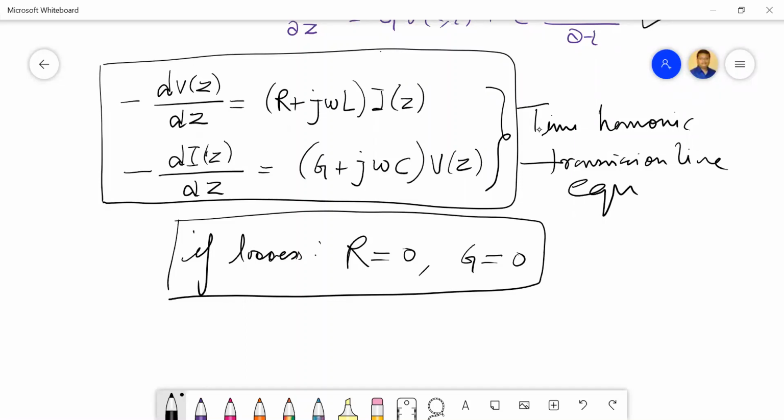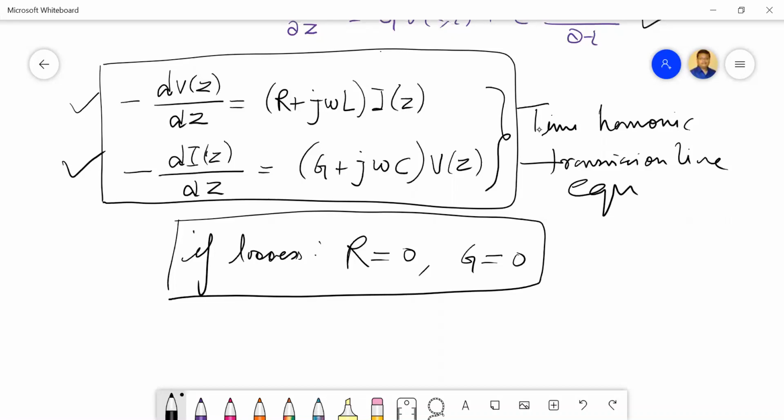And what is next actually? We need to find the solutions. What solution? Because if you see, these are coupled equations. Why coupled equations? Because in both equations, V and I are related.